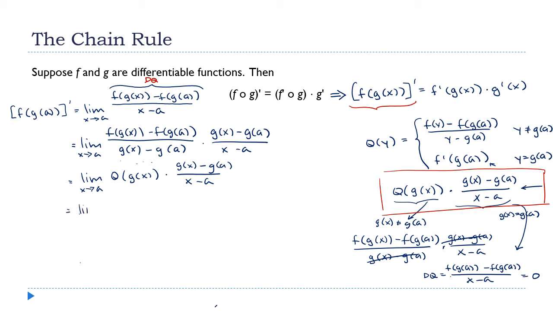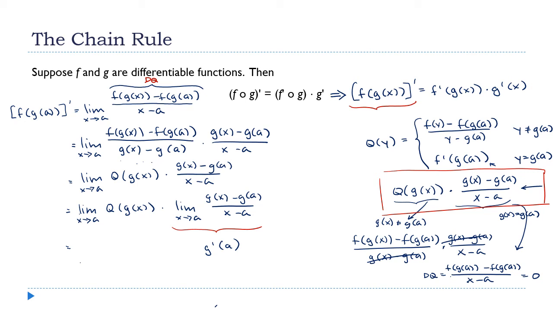This is the limit as x approaches a of q of g of x times the limit as x approaches a of g of x minus g of a over x minus a. Now this second part is easy. That's just the definition of g prime of a, right?